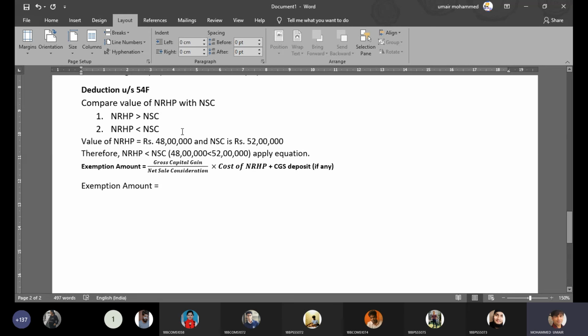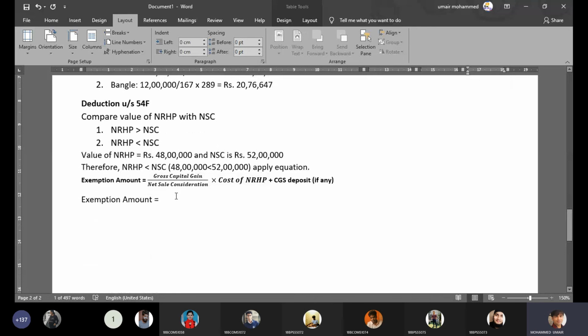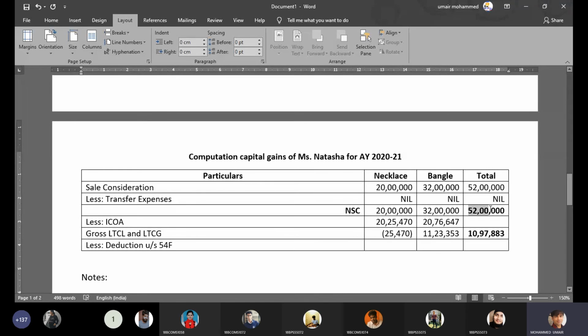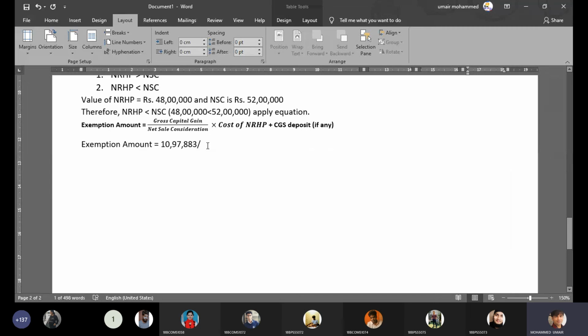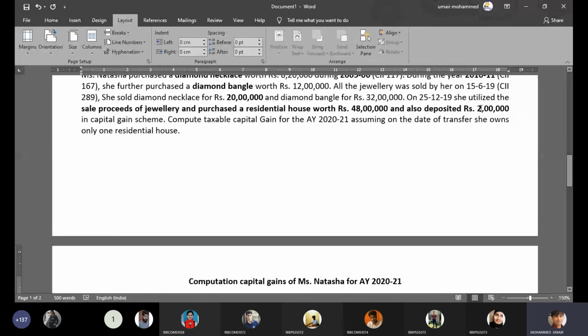What is the gross capital gain, divided by the net sale consideration, 52 lakhs, into the cost of the new residential house property, plus the deposit in the capital gain scheme, which is 2 lakhs.